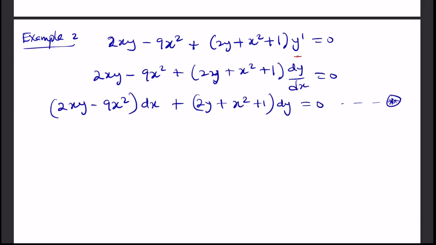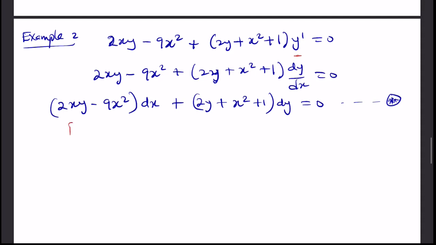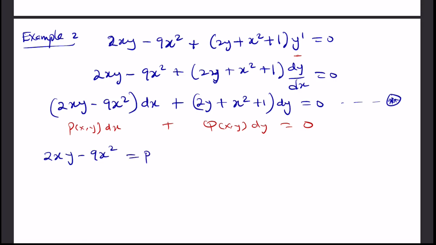So we can see that this equation is of the form P of xy dx plus Q of xy dy is equal to 0. Therefore, by comparison, we have that 2xy minus 9x squared is equal to P of xy, and 2y plus x squared plus 1 is equal to Q of xy.